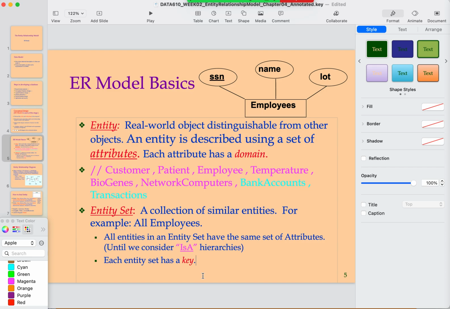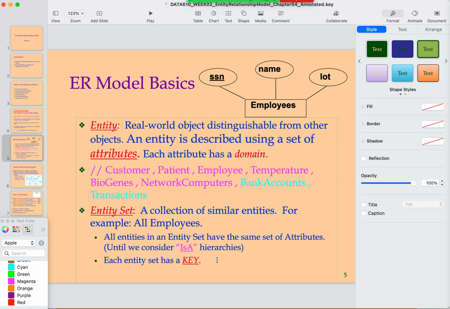So the key is something else that is important. The key is just a unique identifier for the entity. So let's say if it is an employee, it needs to have an employee ID. ID is an identification, unique identification.